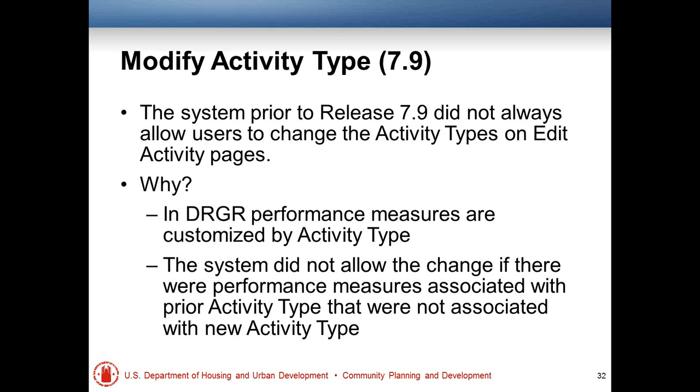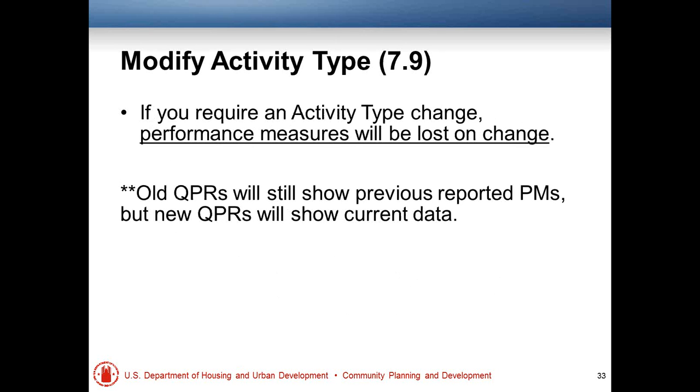The system basically said if you reported on a performance measure, you could never change an activity type, because that would cause a correlation problem. Now DRGR is allowing you to change your activity type, but please note that by doing so, any performance measures you put on that old activity type will be lost. They'll literally be lost in the system.